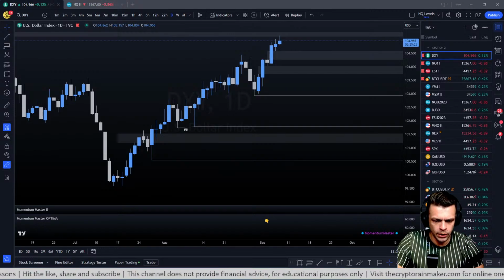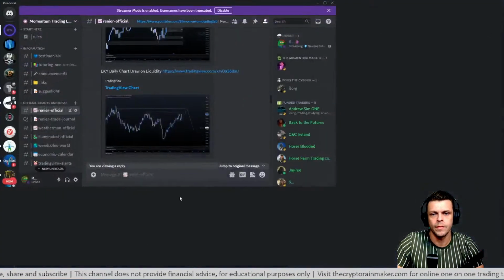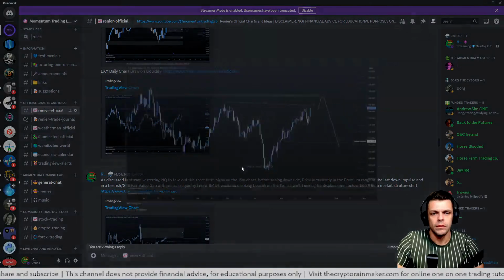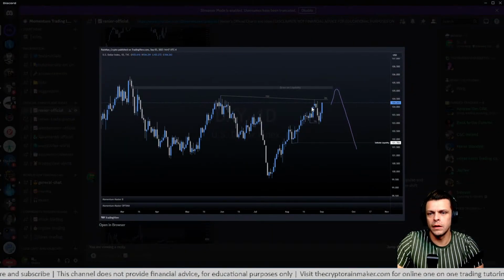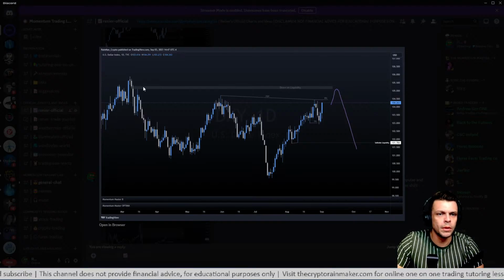So earlier in the week, the idea was that the draw on liquidity would be towards this volume imbalance that we have right here. And then we also had these relative equal highs.